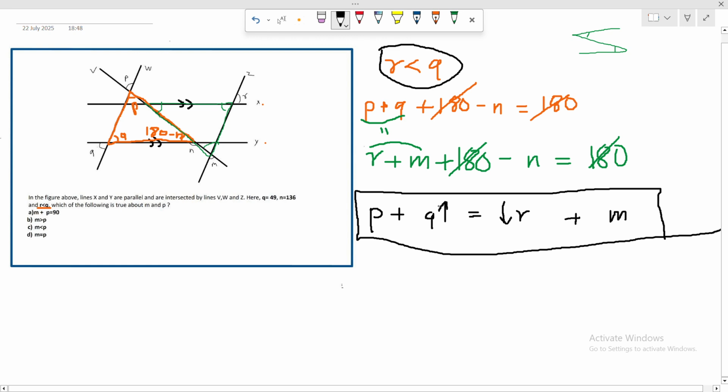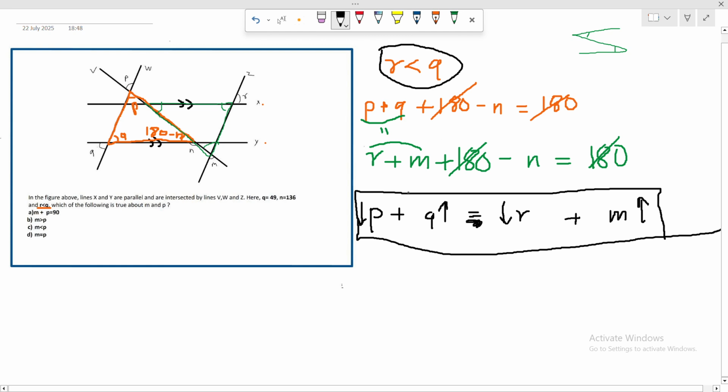If q is bigger and if r is smaller, then to satisfy the condition, p should be small, because q is already big here, and because r is already small here, m must be big. So it will be LHS equal to RHS, because here it is equal to.